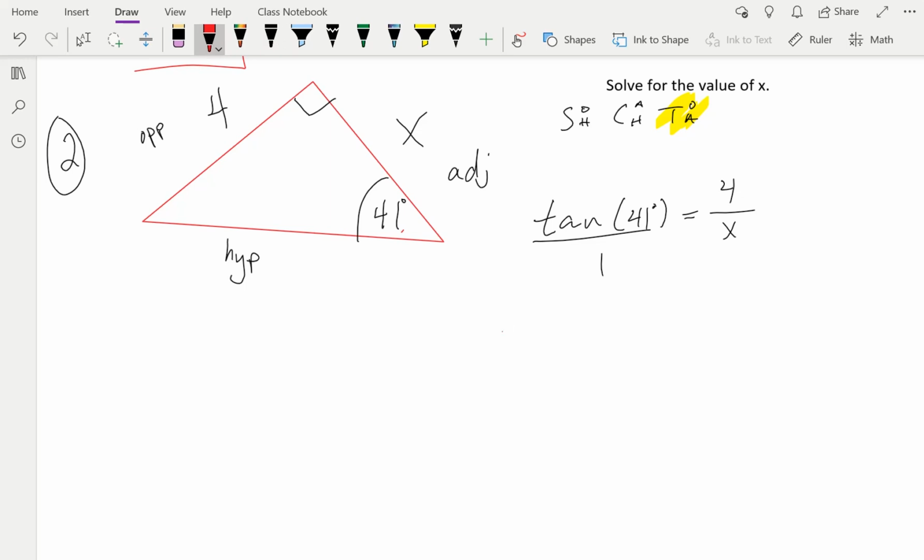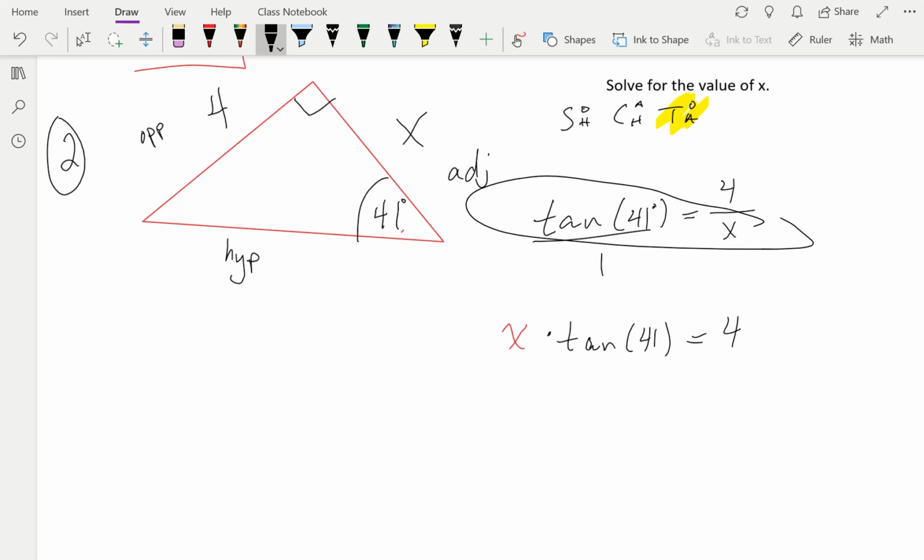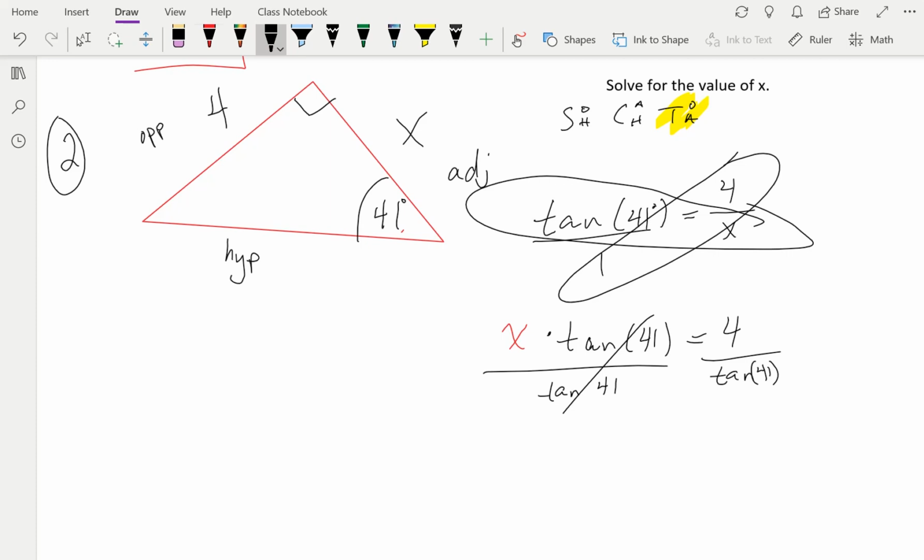So I'm just going to write this as x times tangent of 41 is equal to 4, because we did x times tangent 41, and 4 times 1 is 4. So now we'll just divide both sides by the tangent of 41, which again is a number. So we get x equals 4 divided by tangent of 41 degrees.